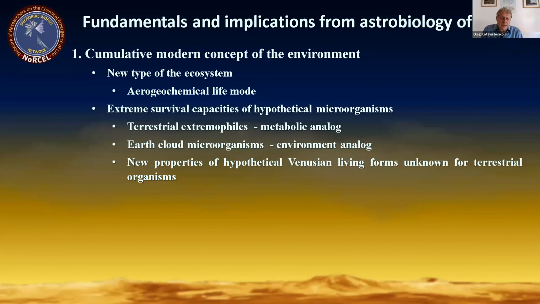So as I said before, such kind of microorganisms in Venusian clouds probably can be polyextremophiles, and of course should have specific mechanisms to protect themselves against different extreme factors of the environment.